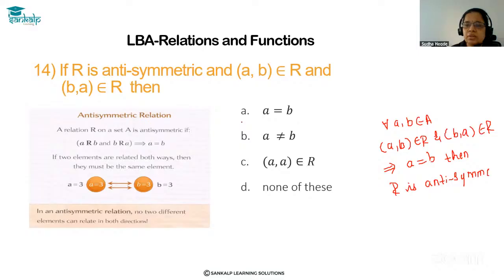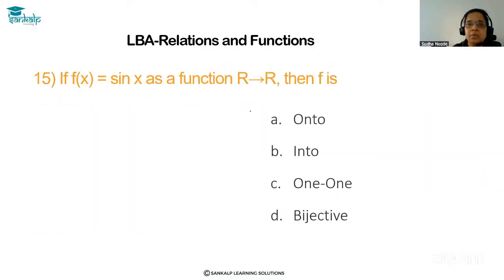You cannot directly say it along with the symmetric condition, but similar to that one: (a, b) belongs to R and (b, a) also belongs to R, then a must be equal to b to be antisymmetric. So option A, a is equal to b, is the correct answer. Got it right? Thank you.